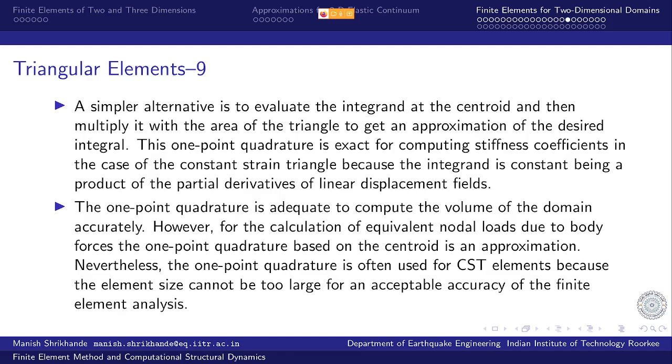So the nature of the element requires that for a reasonably good, representative analysis of the problem, the element size has to be reasonably small. And for that small element size, the one-point quadrature rule is generally quite adequate.